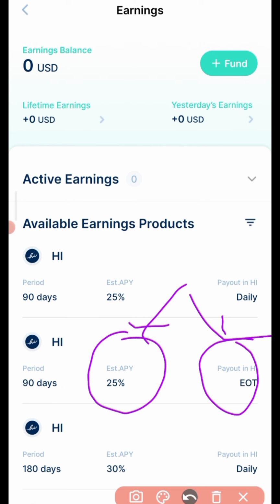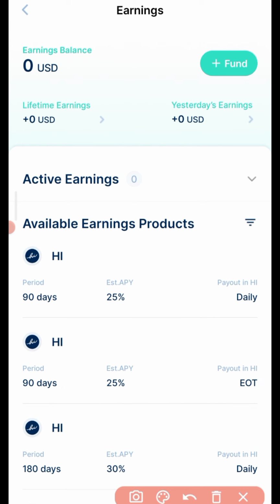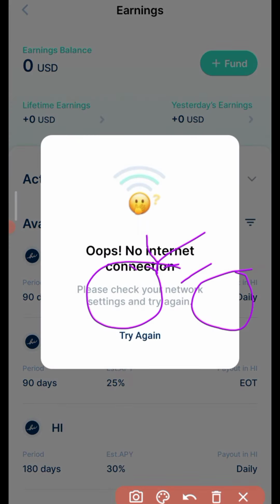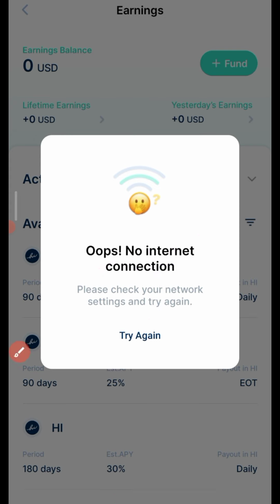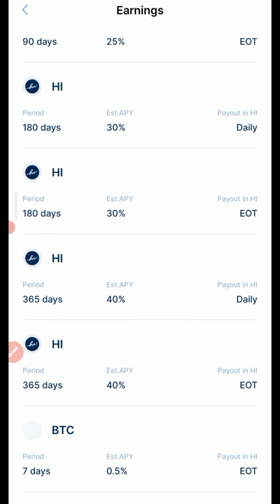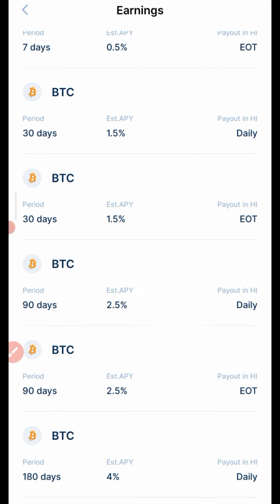Meanwhile for the first one, this 25%, you earn daily for the 90 days. Cumulatively, it will amount to the 25%.